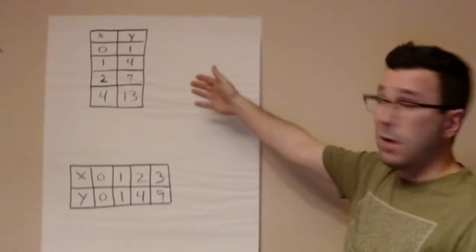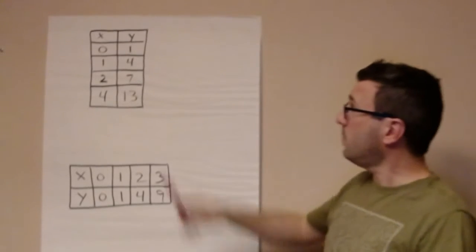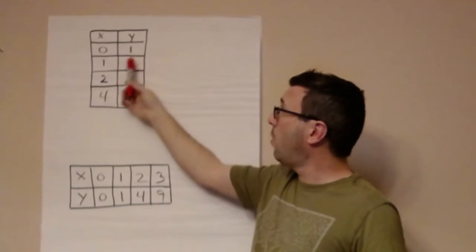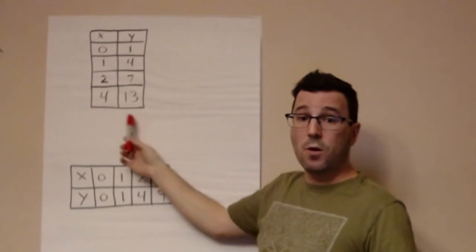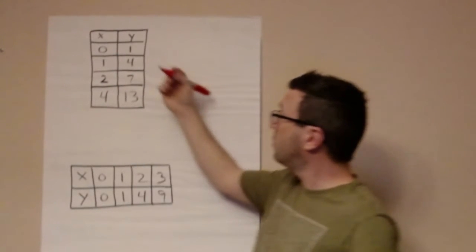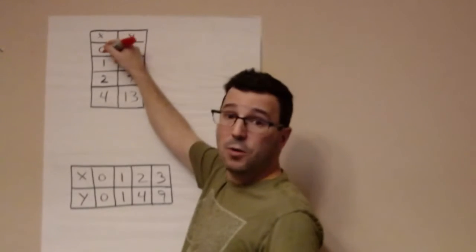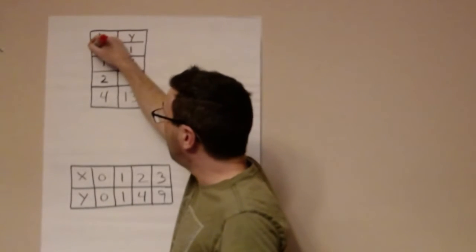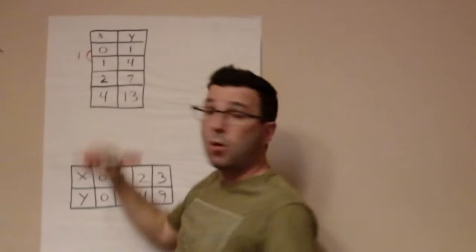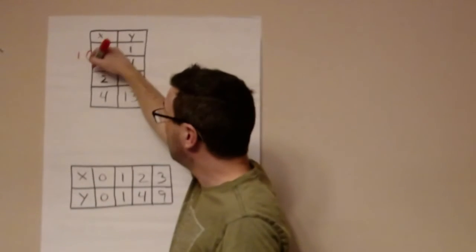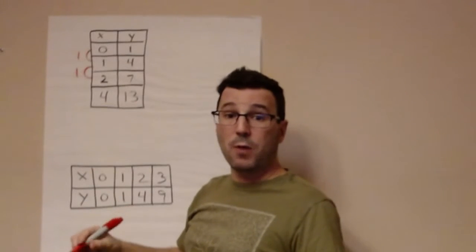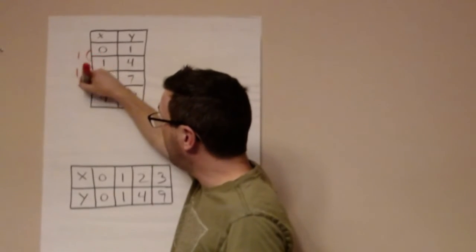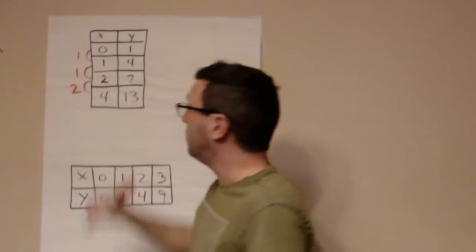So in my first one up here, I have this table: 0, 1, 1, 4, 2, 7, 4, 13. So when I look, I notice going from 0 to 1, I'm going up by 1. From 1 to 2, still going up by 1. From 2 to 4, however, I'm going up by 2.